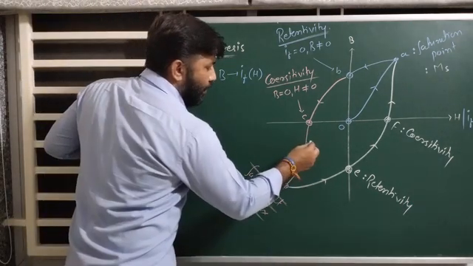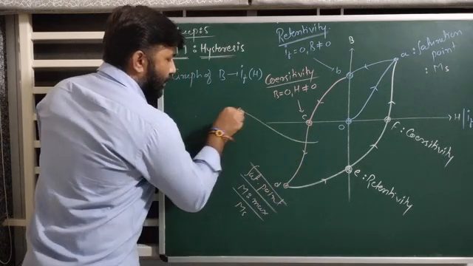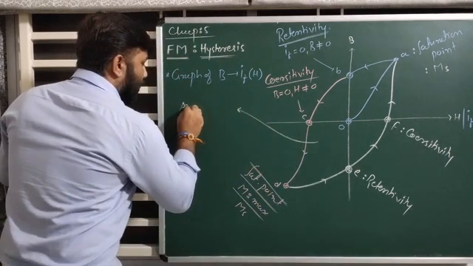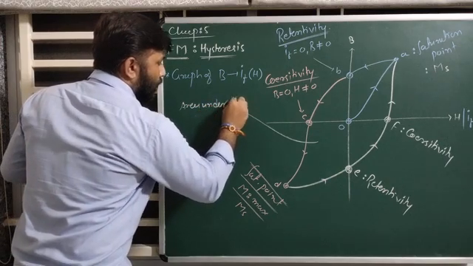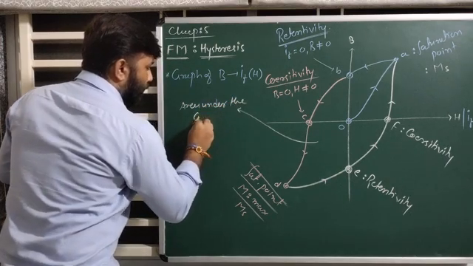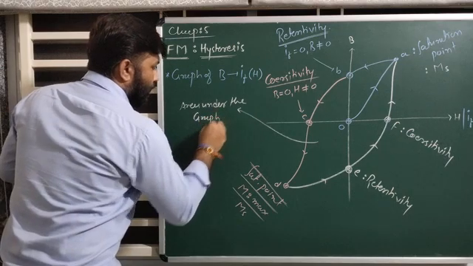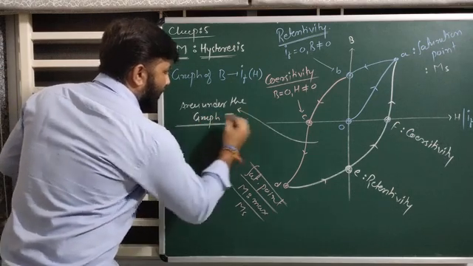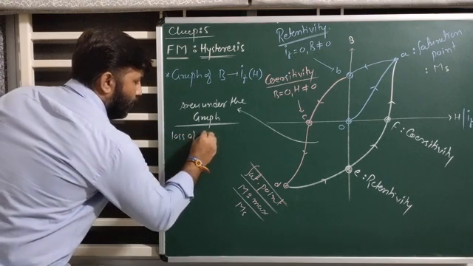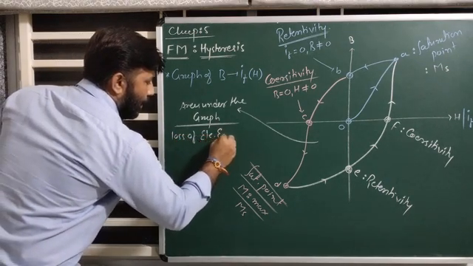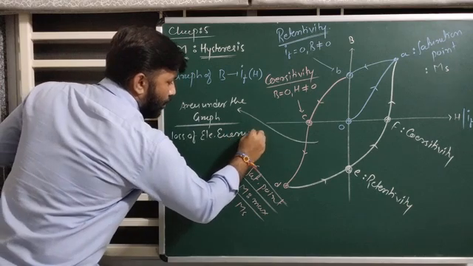Right? If you take the area under the graph. Clear? This area under the graph gives us the loss of electric energy. Right?